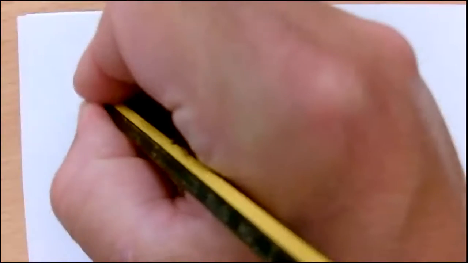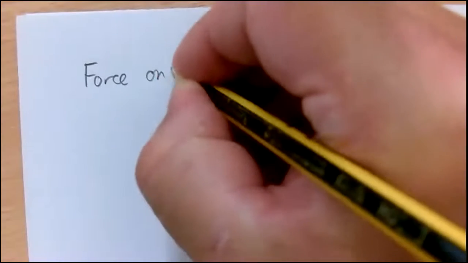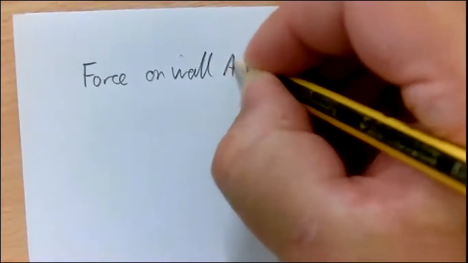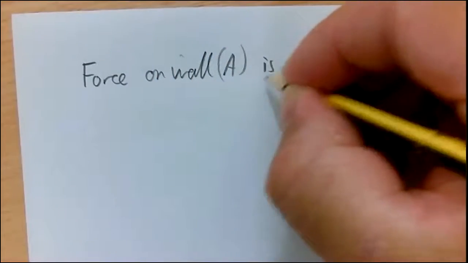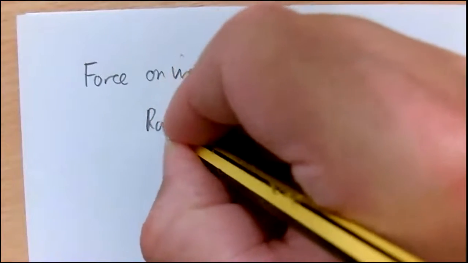So if we do that, we can then work out the force, and we're going back really to our unit 2. Okay, so we established the idea the force on the wall, which we called A, is, well, Newton's second law of motion says it is the rate of change of momentum.